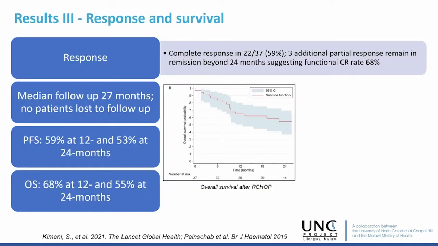Looking at additional results from this study, we show that there are high rates of complete response, progression-free, and overall survival. It is worth noting that 3 patients with partial responses remain in remission beyond 2 years at the time of this publication. And this likely represents a functional complete response approaching 70%.